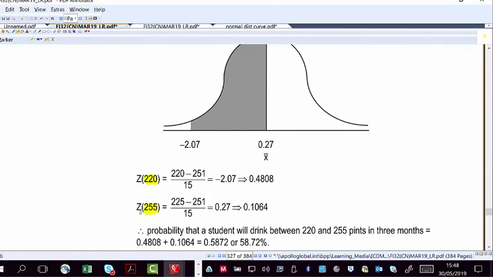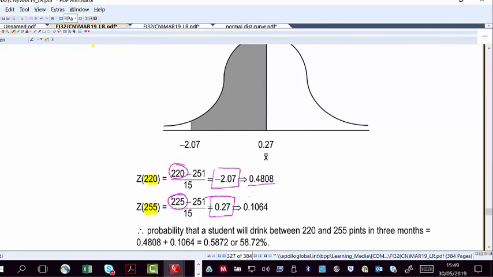Pushing it through the same formula, the only thing that is changing is x: x minus the mean, which is 251, divided by the standard deviation, which is 15, gives us negative 2.07 and 0.27.